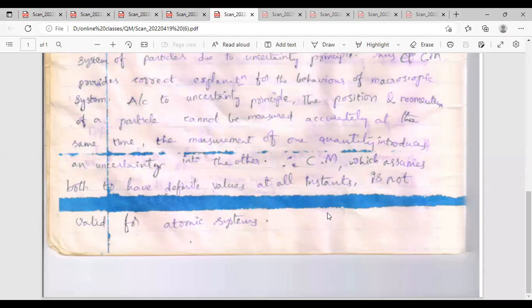Classical mechanics assumes both to have definite values at all instants, so it is not valid for atomic systems. If you want to get some parameter in classical mechanics, you need definite values at all instants. That's why classical mechanics could not explain the behavior of microscopic particles.